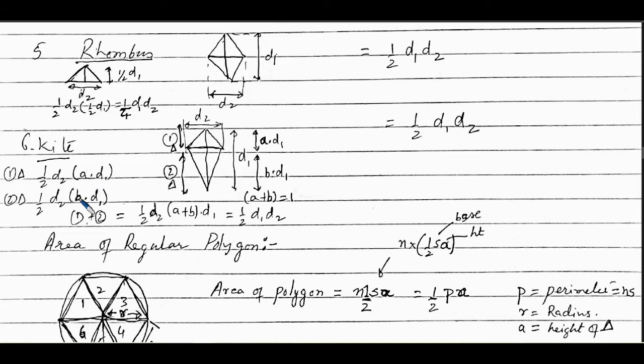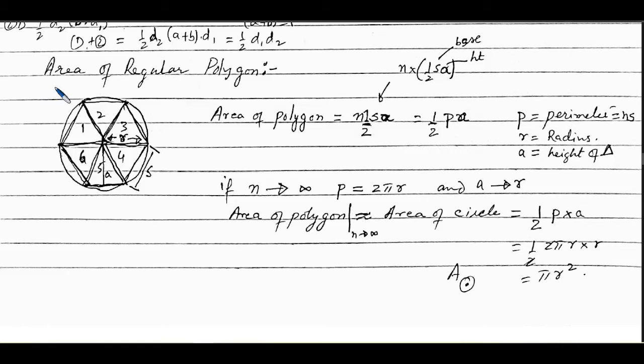A plus b should be 1. Then if you add these two, it will become d1. So here I have added triangle 1 and triangle 2, half d2 is common. You have a times d1 plus b times d1, but a plus b, as I said, is 1. So half of d1 times d2. So this is the area of the kite. It's similar to the area of the rhombus.